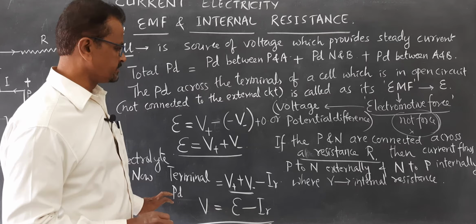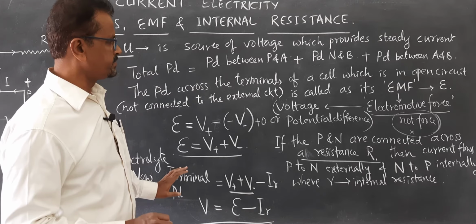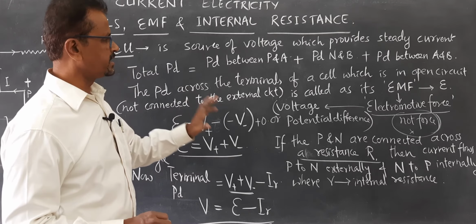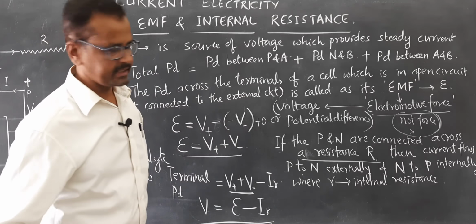So, terminal potential difference is the potential difference between the two terminals of the cell when it is in closed circuit.